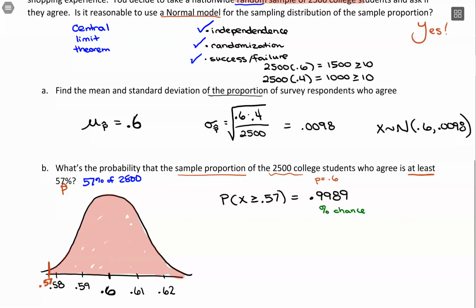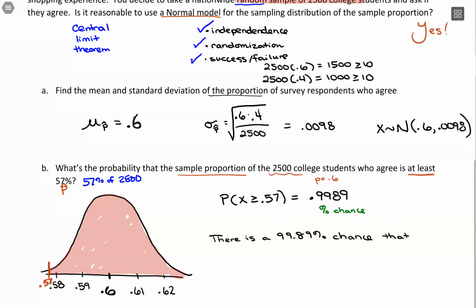So making my sentence, I'm going to follow how I was making sentences before. I'm going to start with the probability. I'm just going to say there is a 99.89% chance that, and then I'm just going to recycle some of the wording up there.